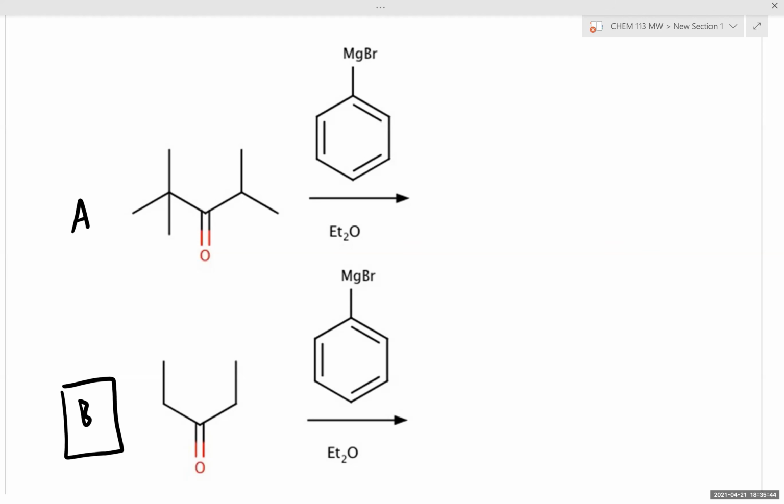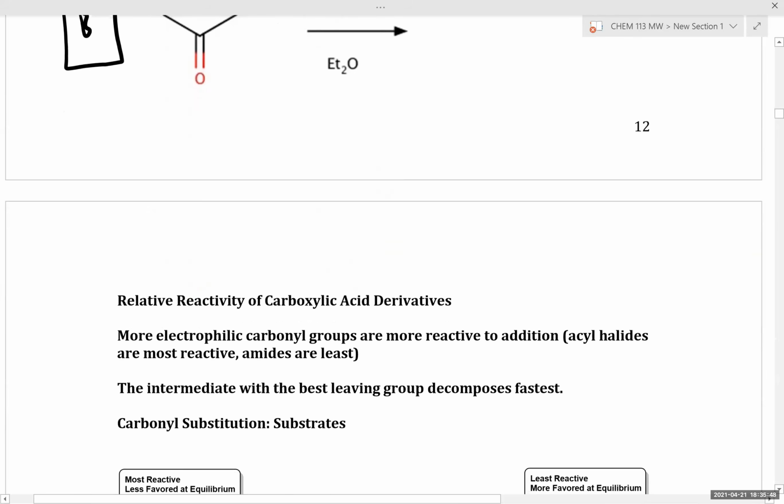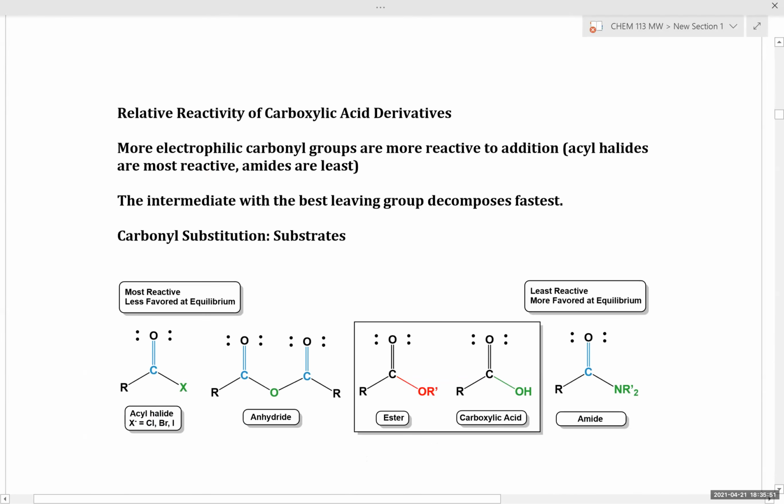Okay. So then, let's keep going. When we think about the relative reactivity of carboxylic acid derivatives, generally more electrophilic carbonyl groups are more reactive to addition. This is why acyl halides are your most reactive carbonyl derivative, while amides are the least. Generally, the intermediate with the best leaving group undergoes collapse and loss of the leaving group the fastest.